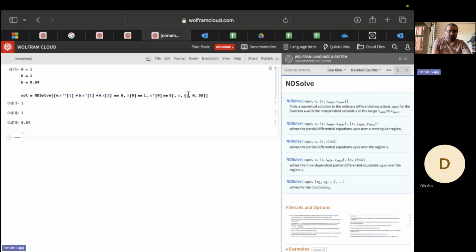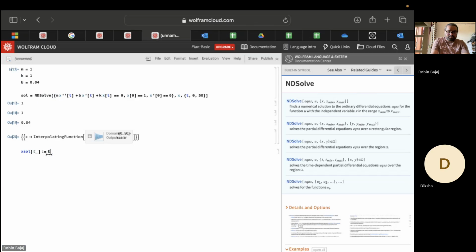NDSolve. Okay, that's fine. They have given me basically a function, but I don't want that. I just want to plot the thing. So what I will do, I'll extract this solution as some function, which will keep changing every time it evaluates.